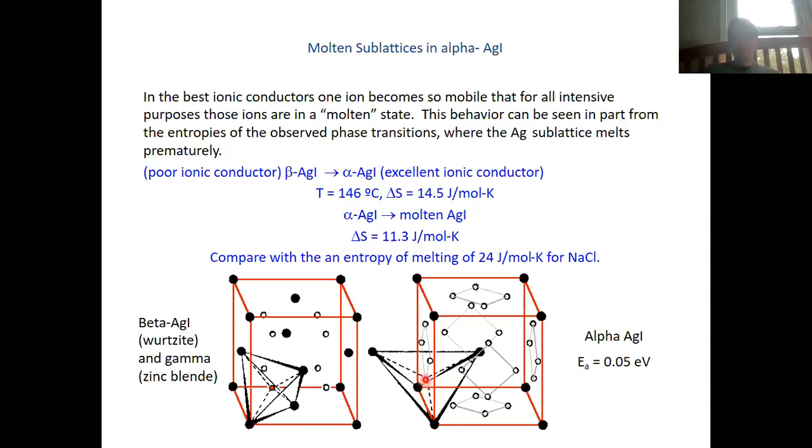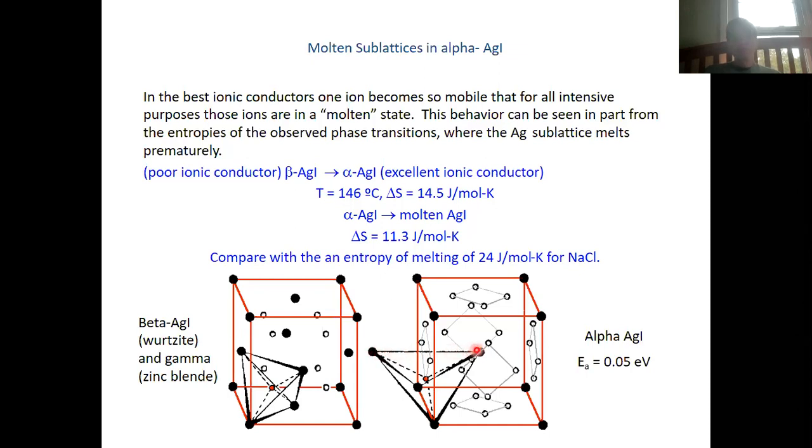You see one occupied site here. And you see that our silver ion is surrounded tetrahedral-like, but actually not exactly tetrahedrally. It's surrounded by these 1, 2, 3, 4 iodide ions, but this is not an exactly regular tetrahedron, because that distance from here to here is a full lattice parameter.